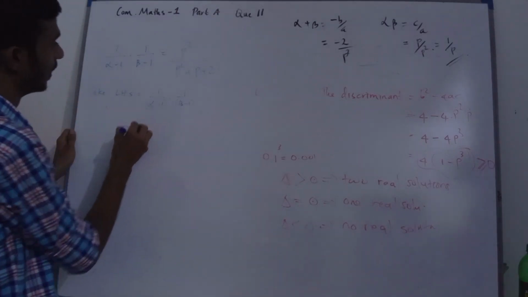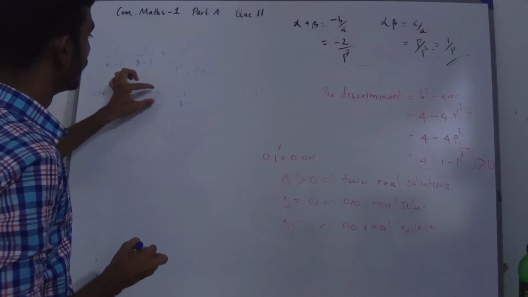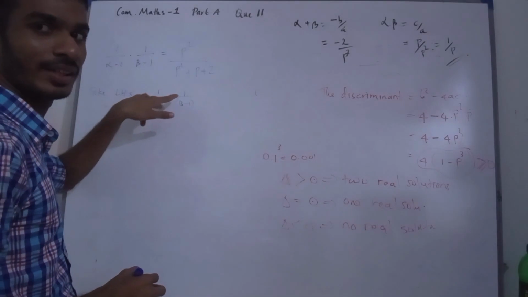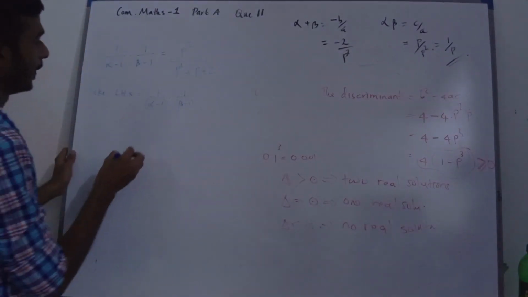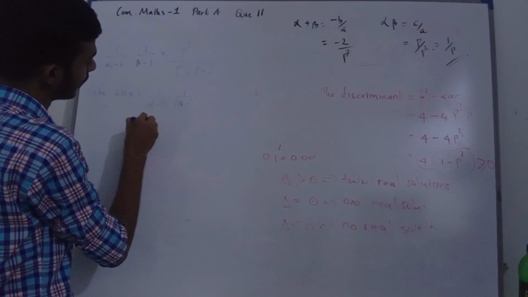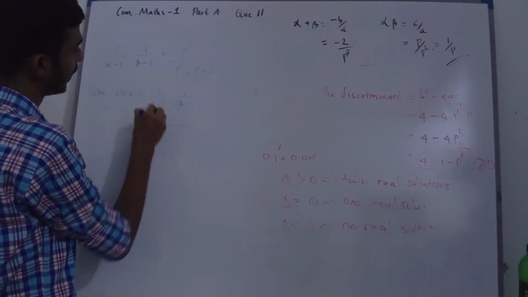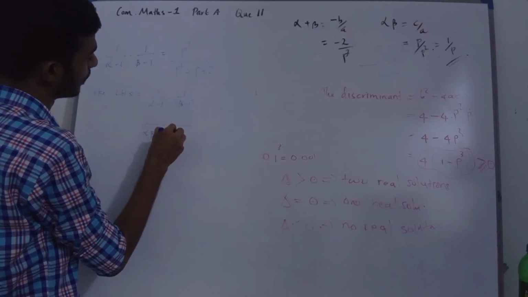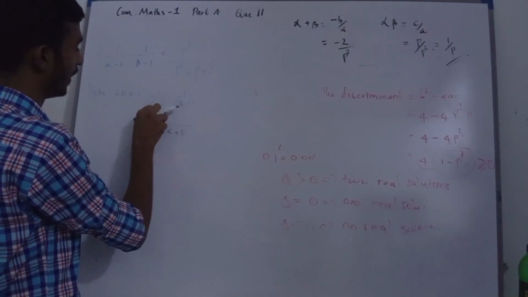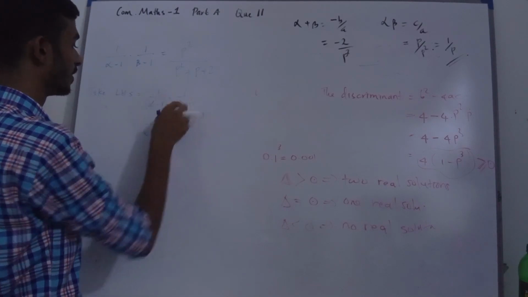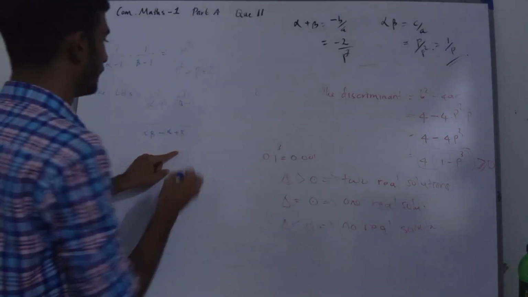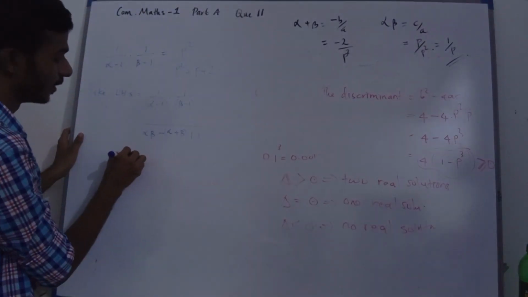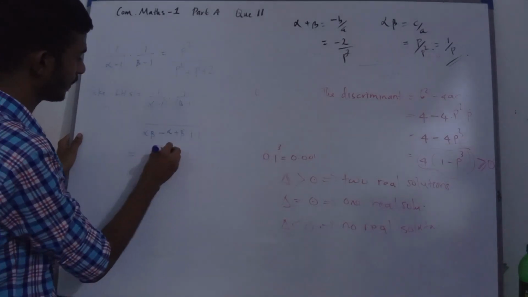Now this is very simple. I just want to multiply the denominators of these two fractions. So 1 divided by alpha beta minus alpha minus beta plus 1, which is 1 divided by alpha beta minus (alpha plus beta) plus 1.